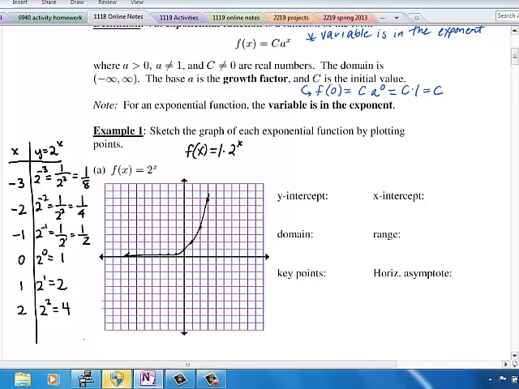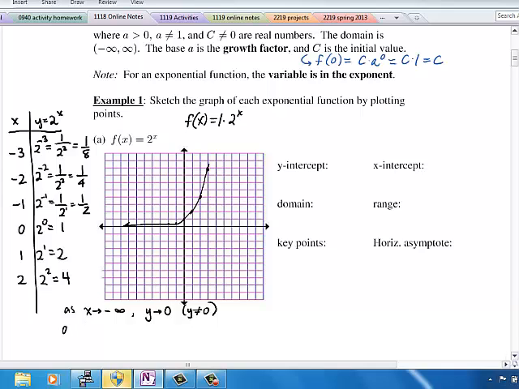So as x goes to negative infinity, the fractions are going to get smaller and smaller because the denominators are going to get larger and larger. So we'll say y goes to 0, but doesn't ever get to 0 because we always have 1 over that denominator.